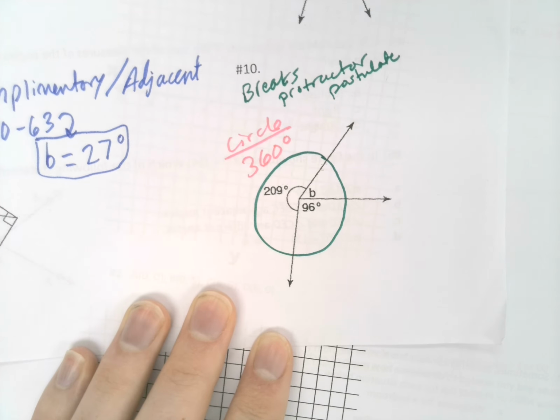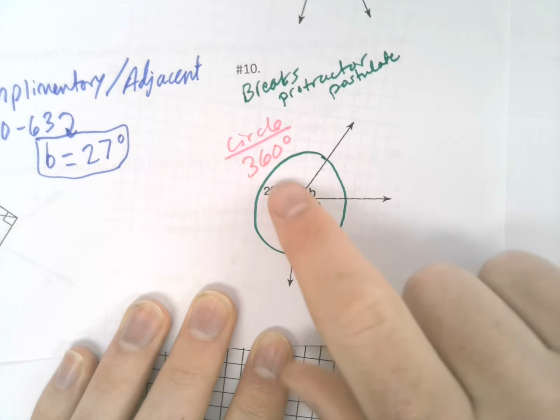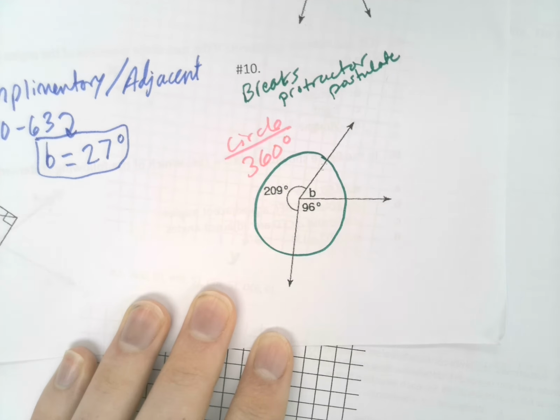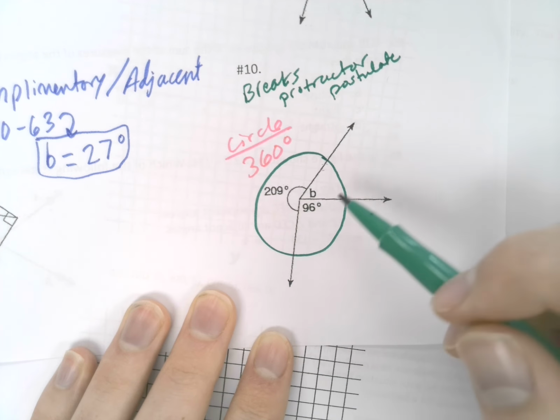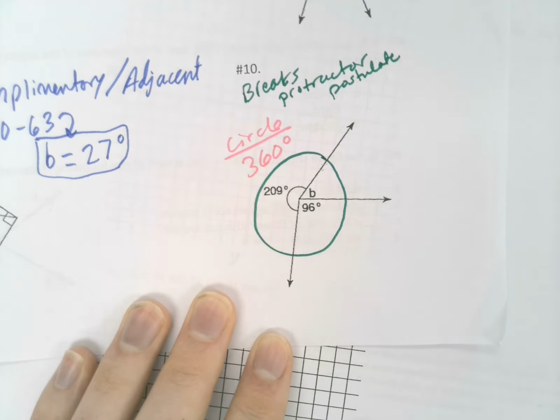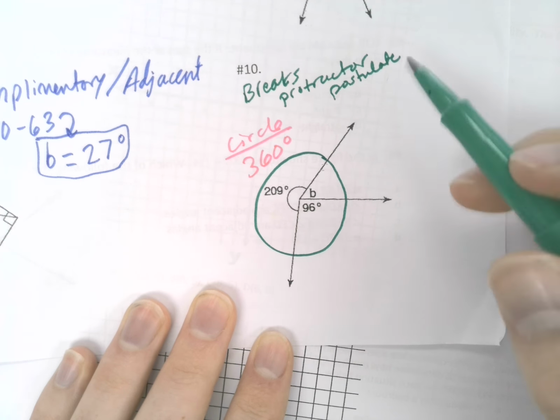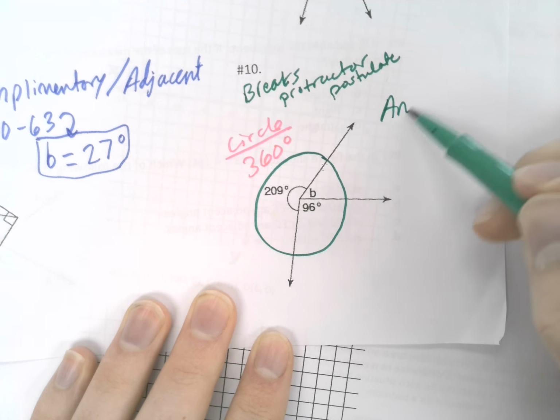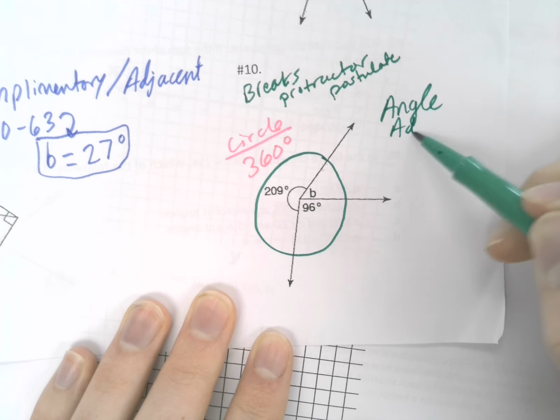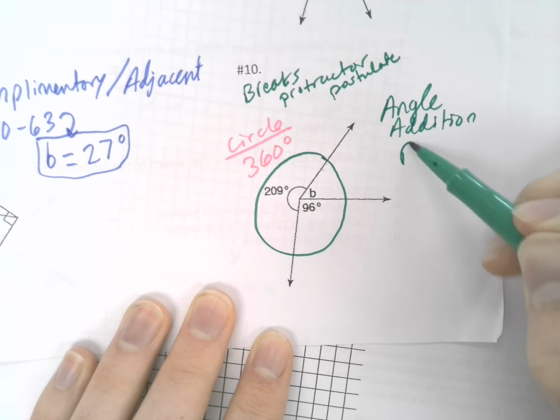And so what are you guys thinking we can do to solve for B? If we have these two other angles that we're looking at that are next to it, what property can we use here? Or what postulate? That's right. We're going to bust out angle addition postulate.